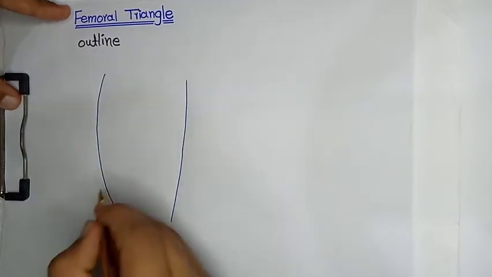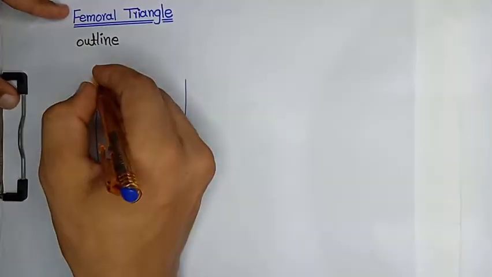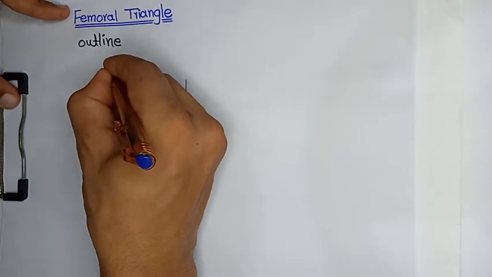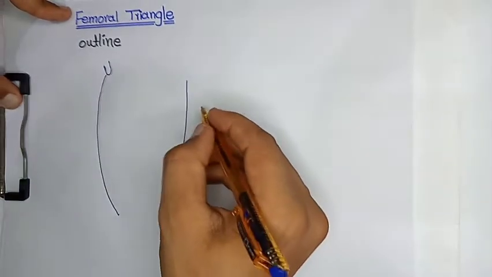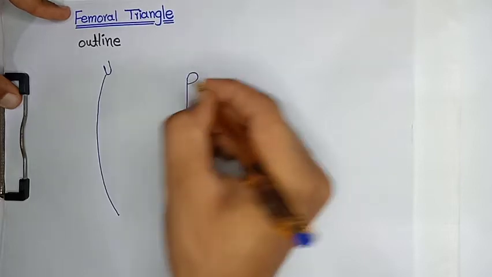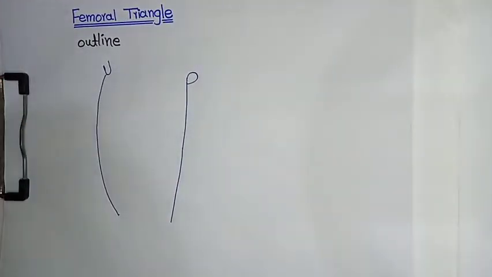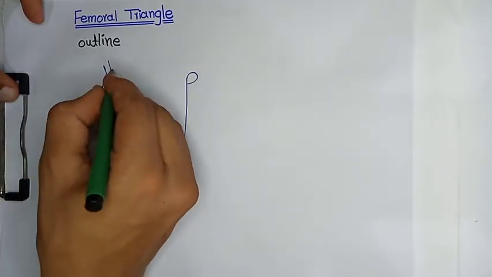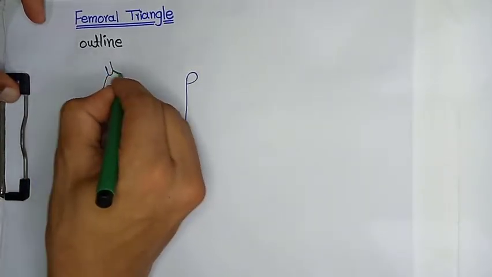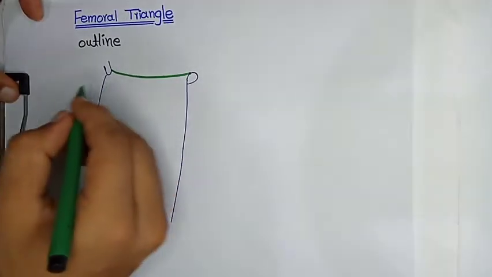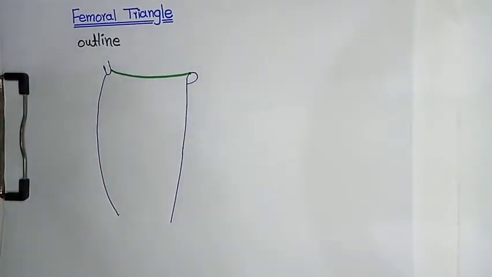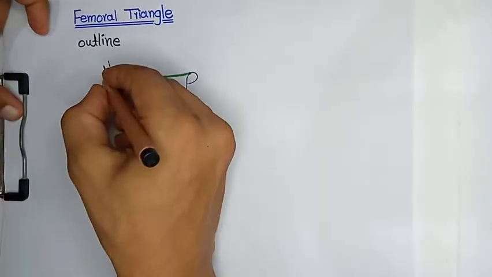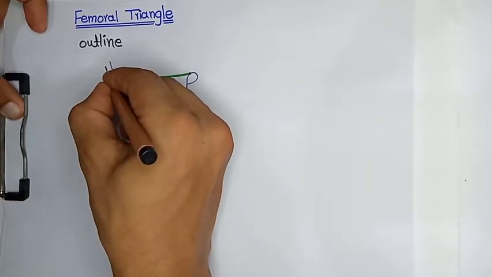This is medial side boundary. The content of the diagram must reside inside the outline. Outline must be neat and clean. It makes the diagram more attentive. This is inguinal ligament.